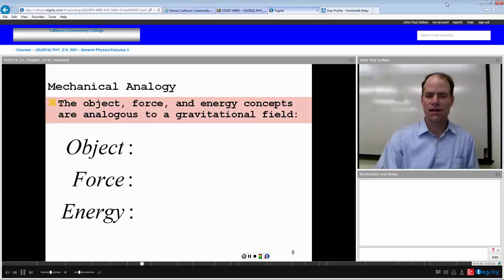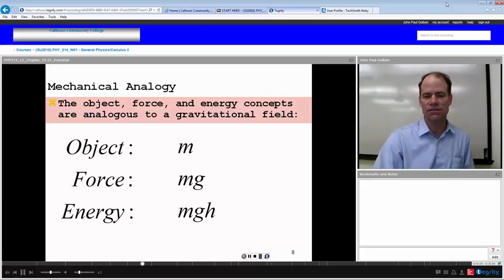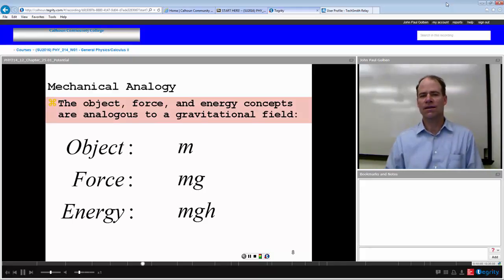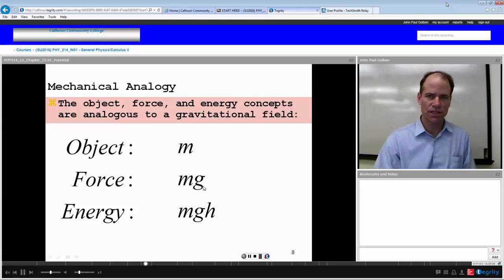Let's kind of summarize this mechanical analogy. If I had a gravitational field, I'm going to deal with a mass. And the force on that mass is going to be mg, the object mass, times the field, g. The energy associated with its position in that field is mgh.